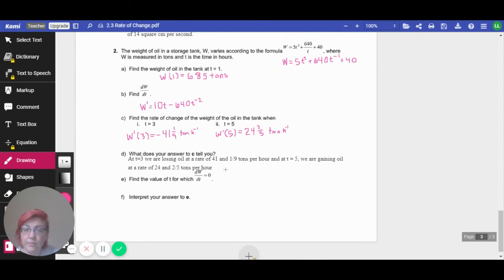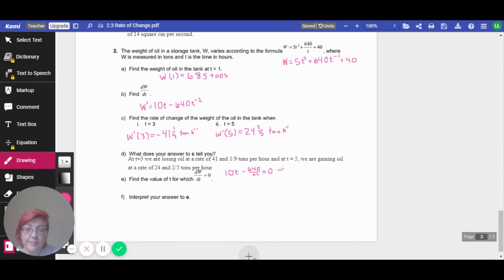I'm going to write it out. 10t minus, I'm going to rewrite this back into fraction form, 640 over t squared equals 0.